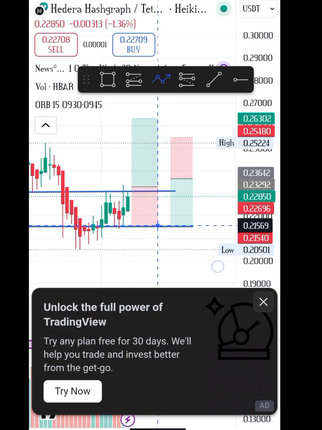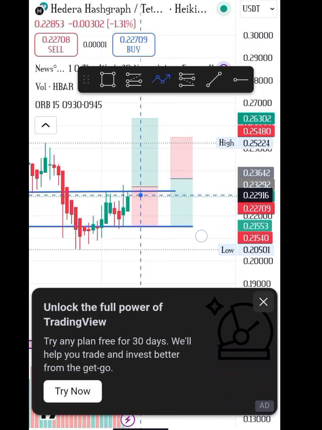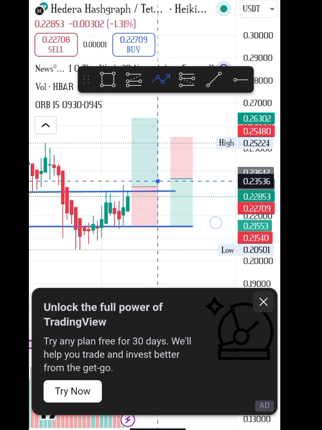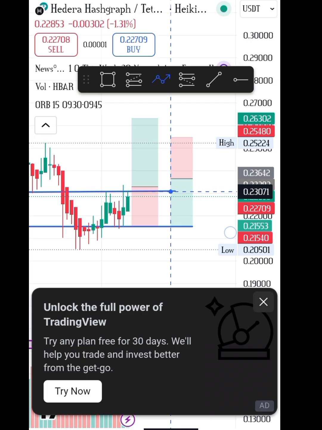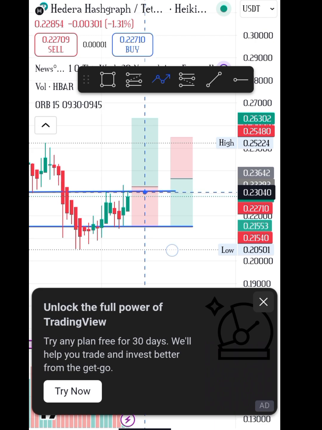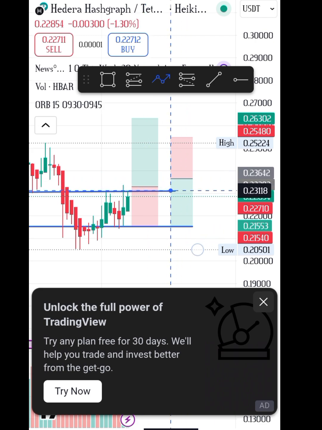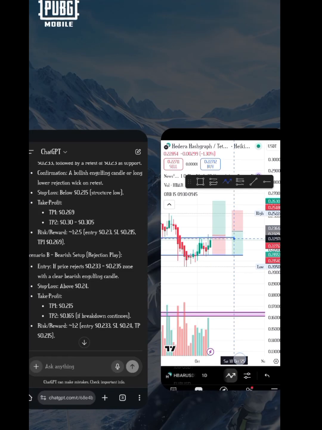Like this next support should be either your stop loss or your take profit, you understand? And this resistance here should be your next entry for both ways. So here it really matters, either you are waiting for a retest to confirm, or you are waiting for a rejection to enter. That's basically what ChatGPT is trying to say.